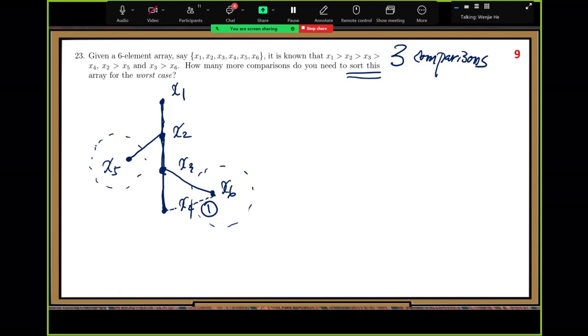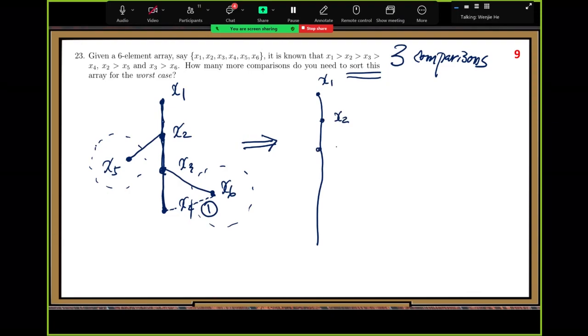So there are 2 cases, but these 2 cases are essentially the same, so we only need to consider one of them. After this one comparison, we get a longer ordered chain.